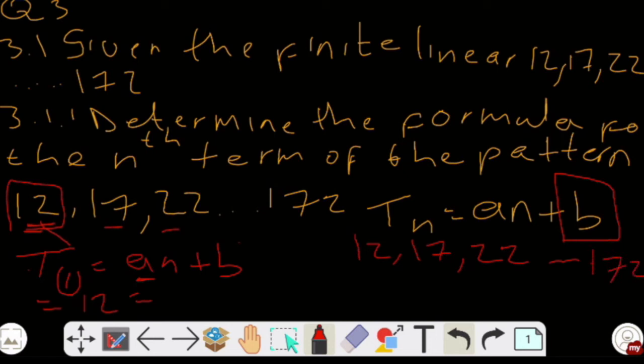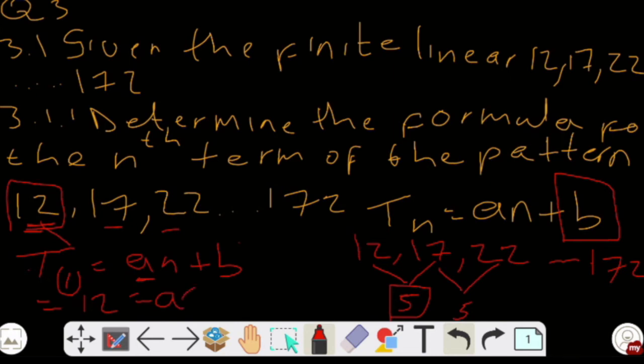Our A is the first difference. So it's 17 minus 12, which is 5, 22 minus 17 will give you 5, meaning this is our value for A.